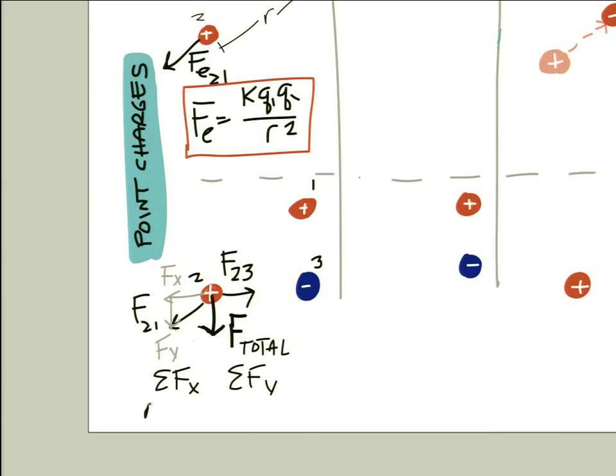Basically, we're going to have to add as vectors. So this requires vector addition, the mathematical side of vector addition, to be able to solve for the total force on an object when more than two charges are present.